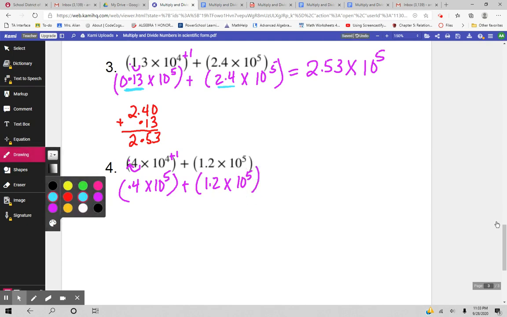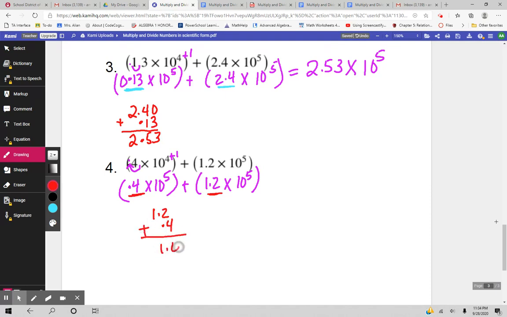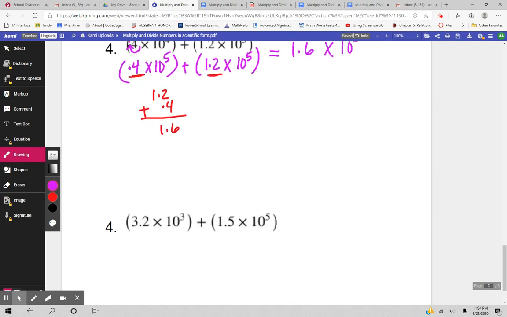Okay, now I can add these together. 1.2 plus 0.4 is 1.6. So I have 1.6 times the matching power, 10 to the 5th. All right, let's go to the next problem.